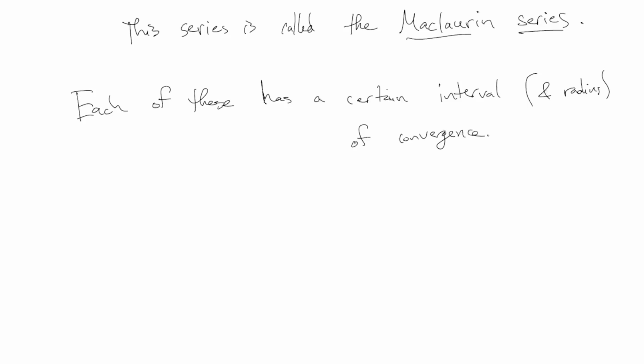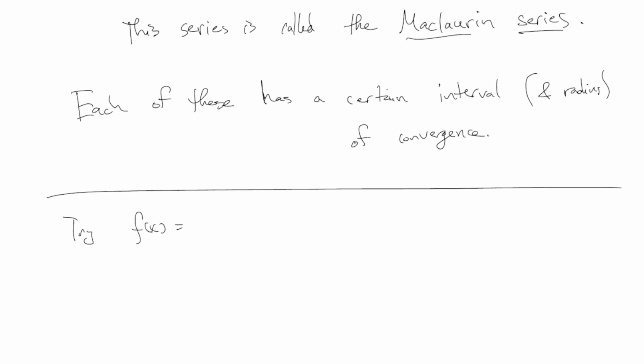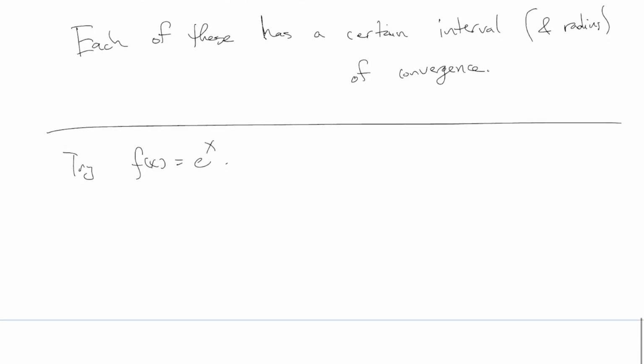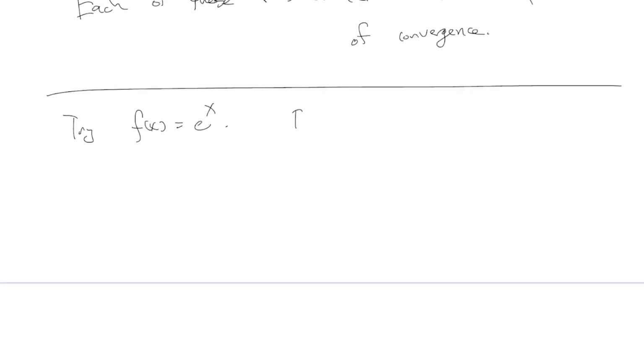Let's just try, as promised, f of x equals e to the x. What I mean by that is, let's find the Maclaurin series. When I say find the series, really what that amounts to is just figure out what the constant coefficients are.